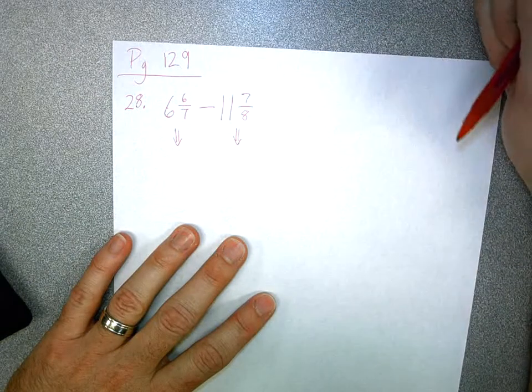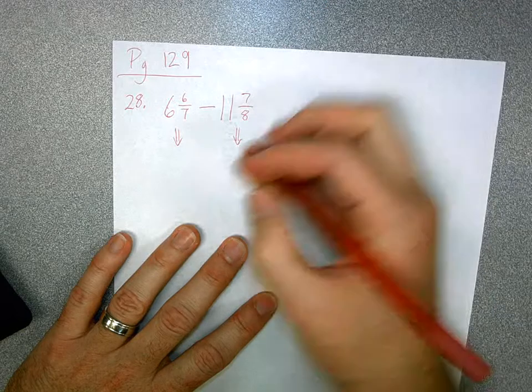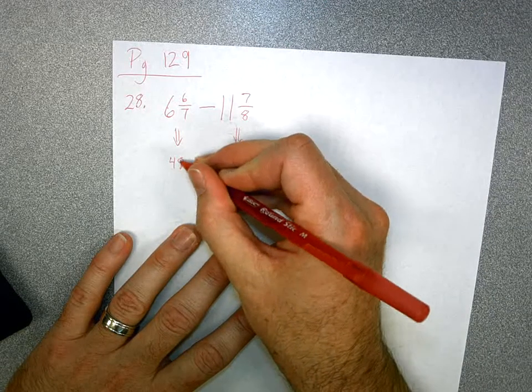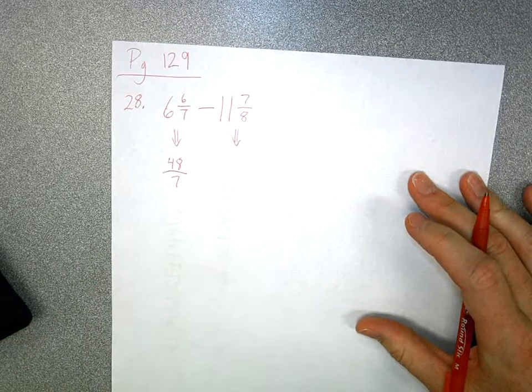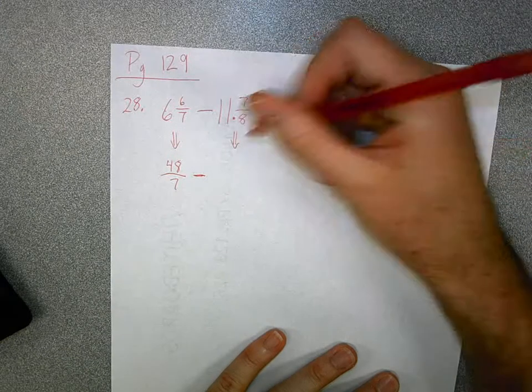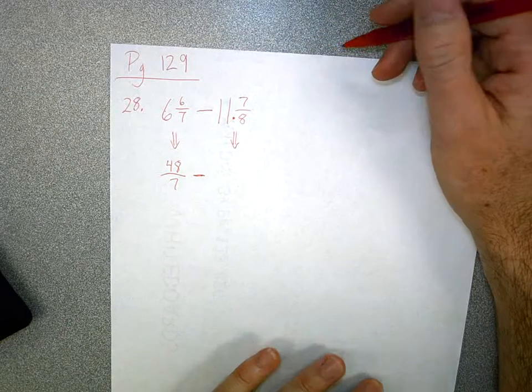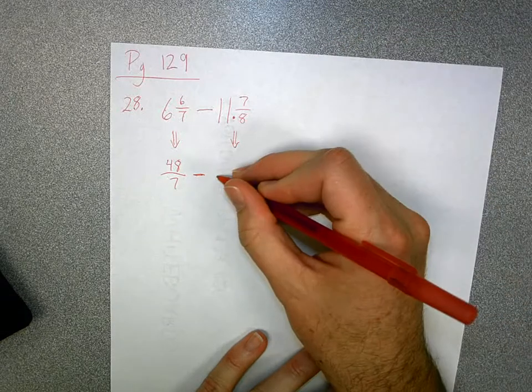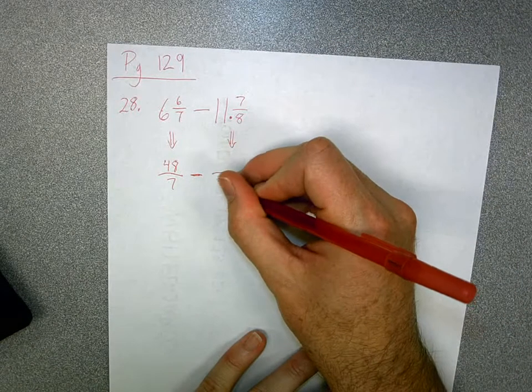So 6 times 7 is 42. 42 plus 6 is 48. And of course, we keep the denominator of 7. Bring down my subtraction sign. And what we have here is 8 times 11 is 88. 88 plus 7. Remember, our denominator stays an 8.